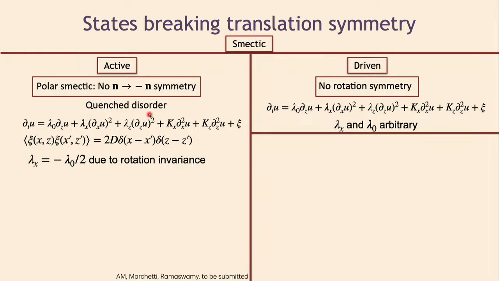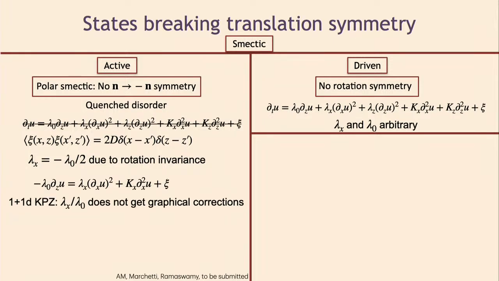And because you have a lambda 0 del ZU, you can immediately throw away the lambda z del ZU squared and kz del Z squared U, because they have higher orders in gradients. And I'll show you post facto that everything still remains consistent. Okay? So if I throw those 2 away, then what I get is this equation.